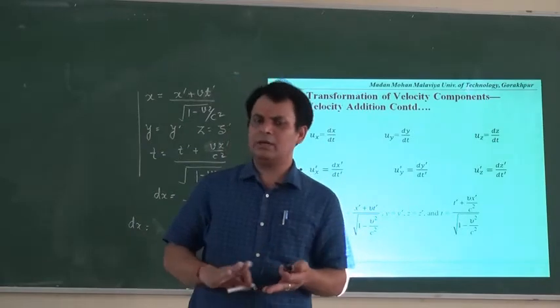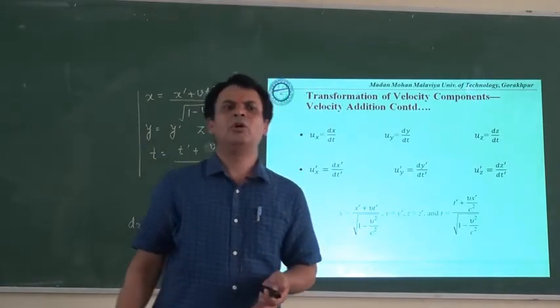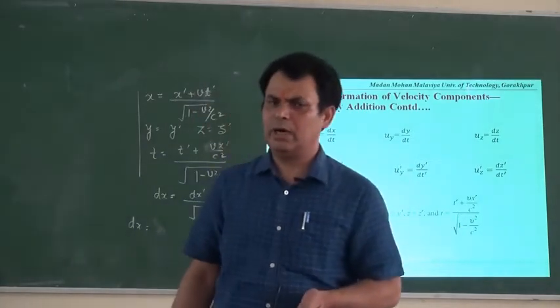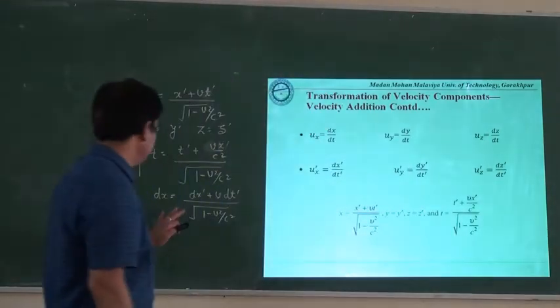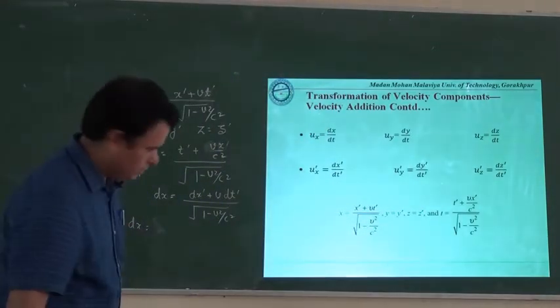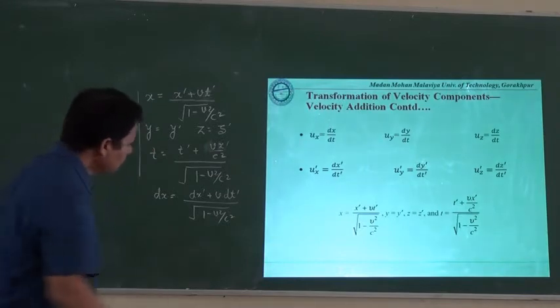K and gamma are the same thing, having the value 1 upon under root 1 minus v square upon c square. So we have this particular value.